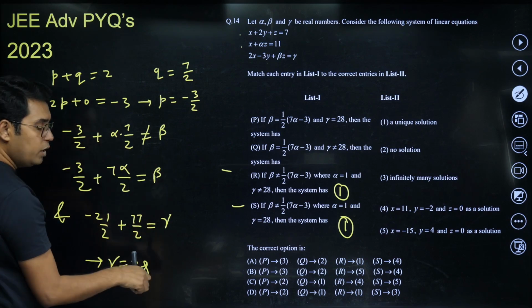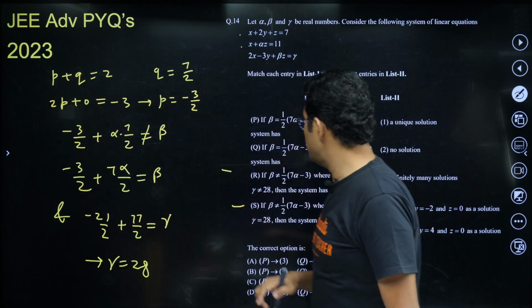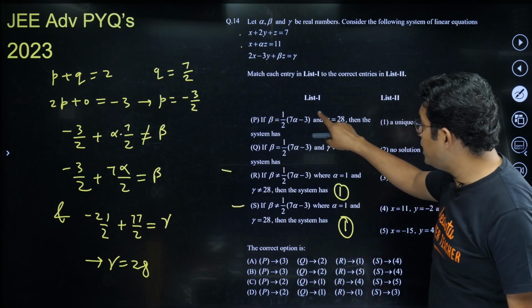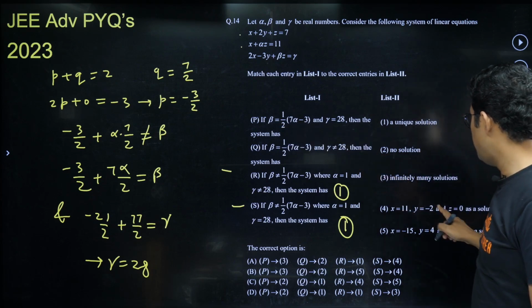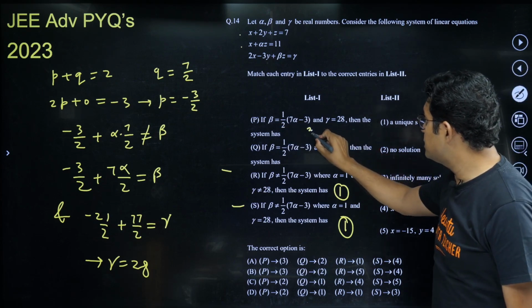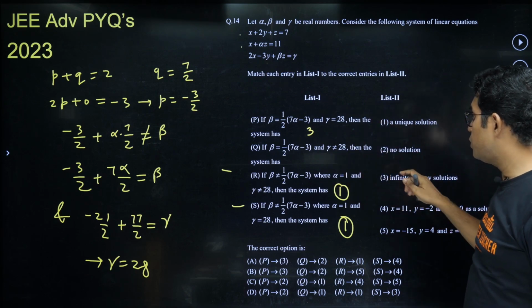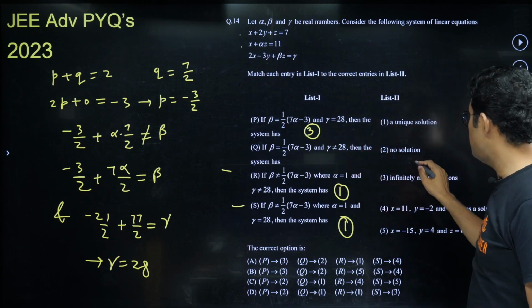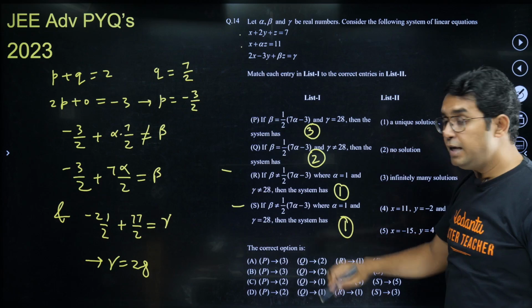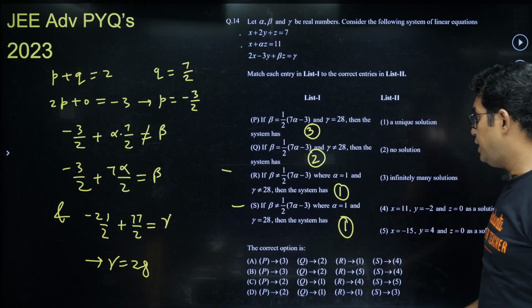If both are true, then there will be infinitely many solutions. So you can see, if gamma is equal to 28 and beta is equal to this thing, then you should have infinitely many solutions, that is 3. If beta is equal to this thing but gamma is not equal to 28, then we will be having no solution, that is 2. Okay, let us see if we can find the answer with the help of this.